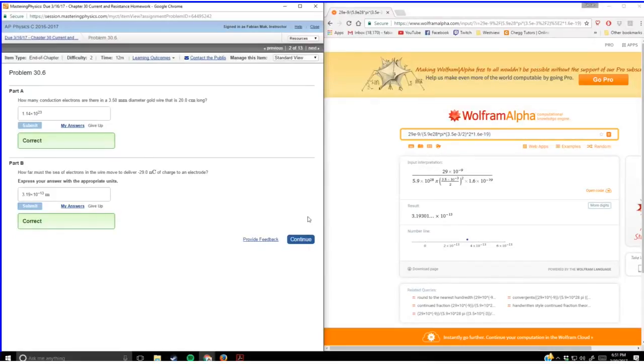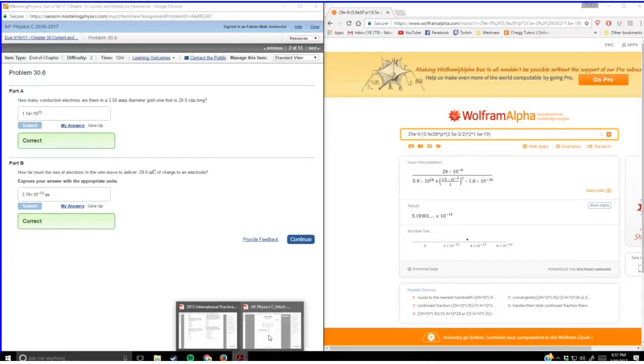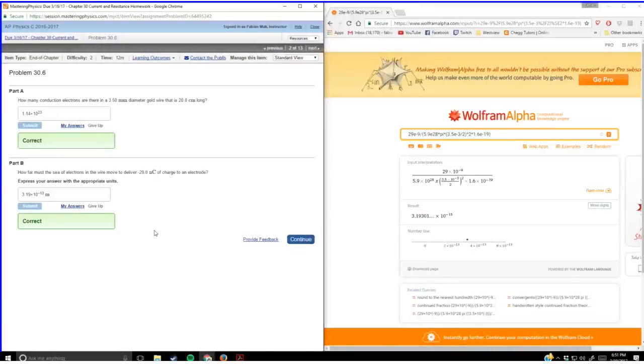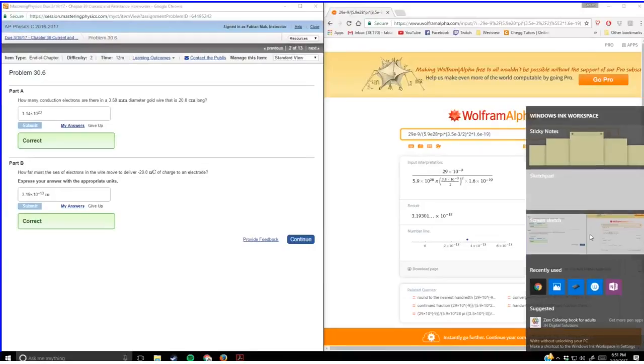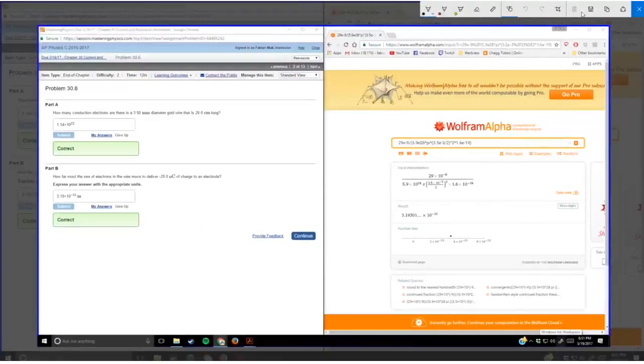Yeah, so little i is the actual number of electrons. It is the flow of the electrons themselves. So I don't know if I can bring that back up, actually. Let's see. Well, here, I'll just bring it up here.